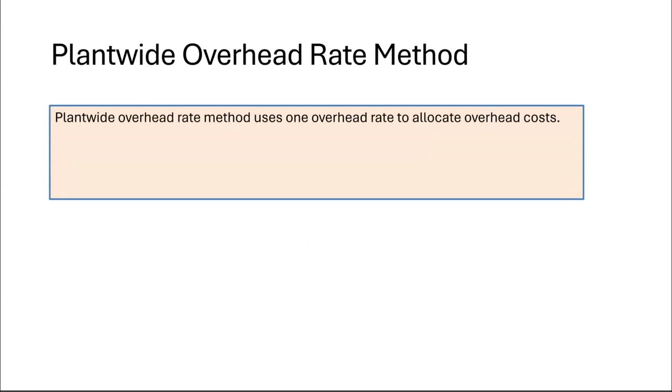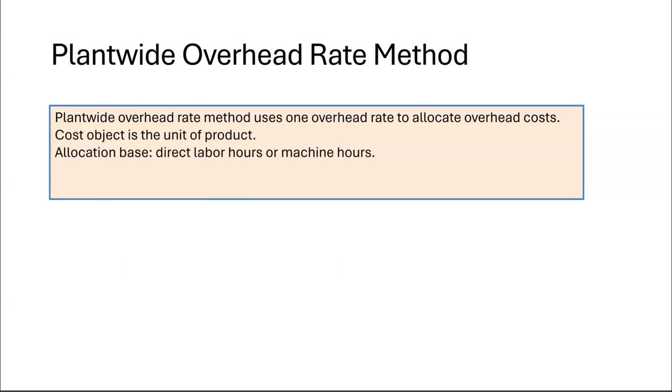So plant-wide overhead means we're going to use one rate to allocate. The cost objective, again, is the unit of cost. The allocation base can be labor hours, labor dollars, or machine hours, but you can only use one.